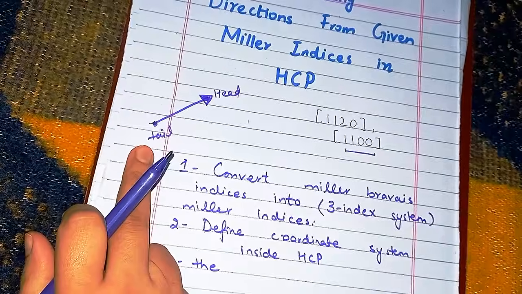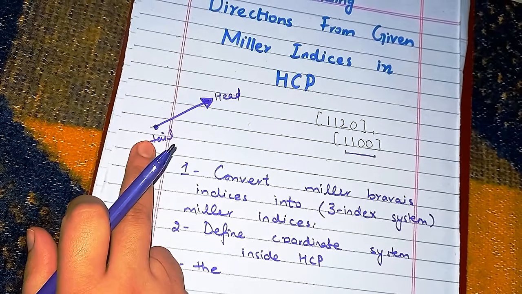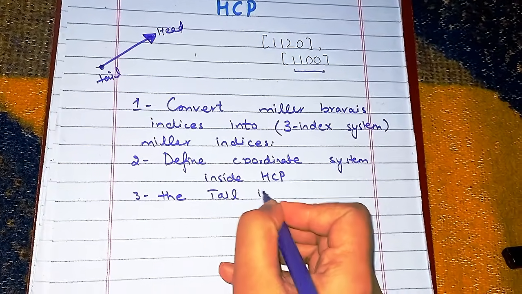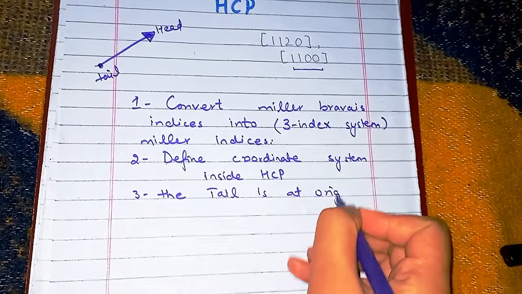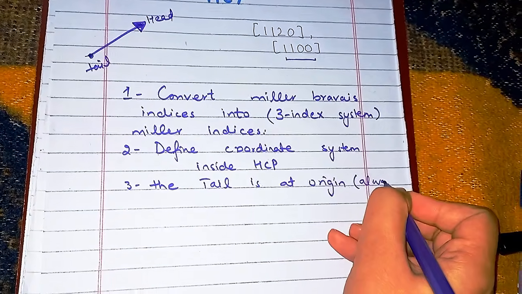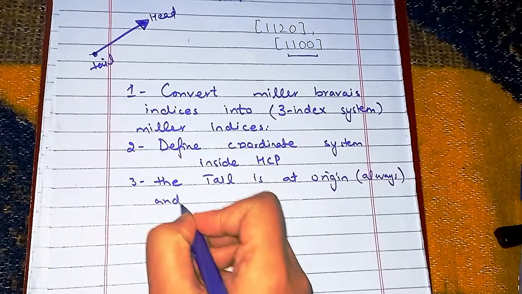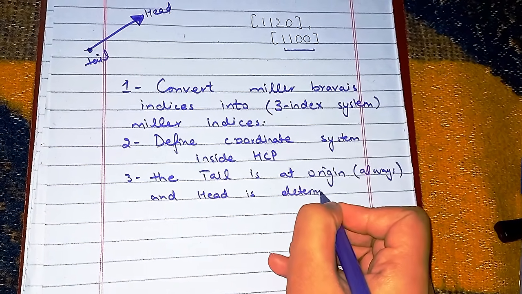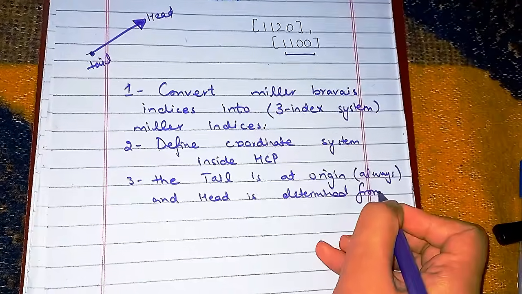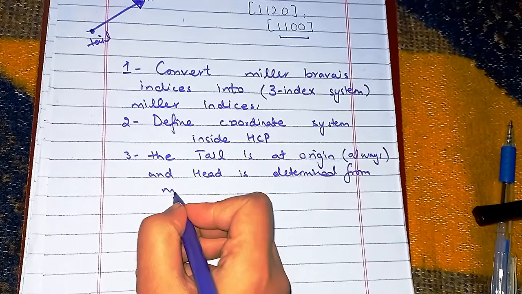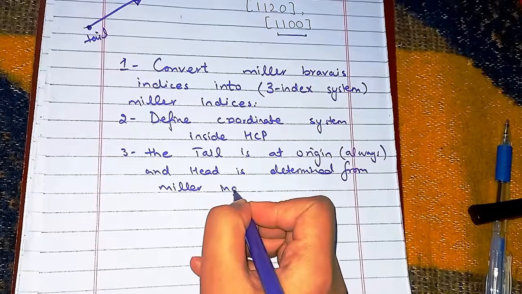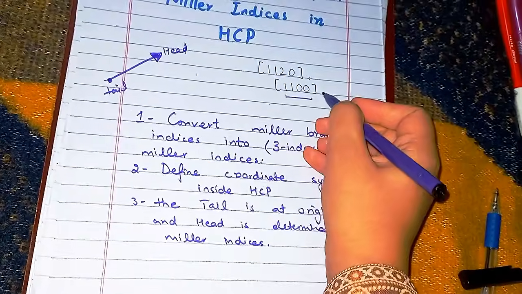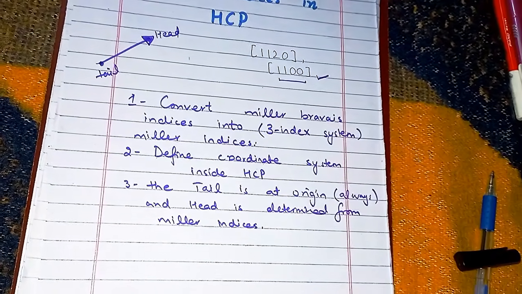While drawing directions from given Miller indices, the tail is always at the origin, and the head is determined from these Miller indices that were derived from the actual direction which needs to be drawn.